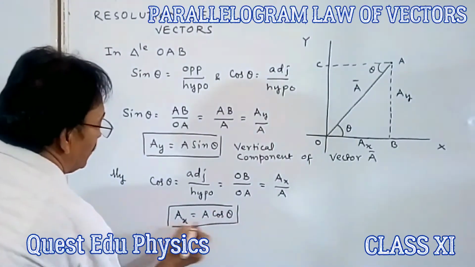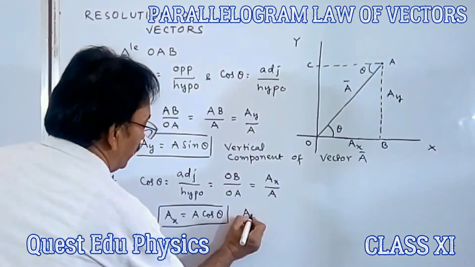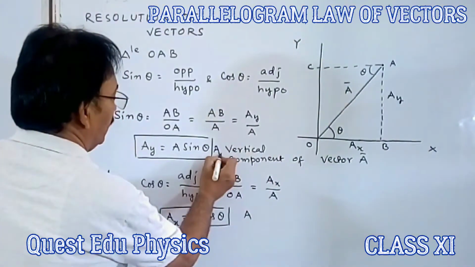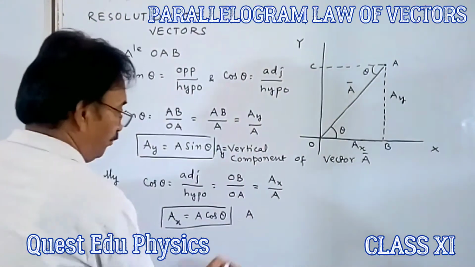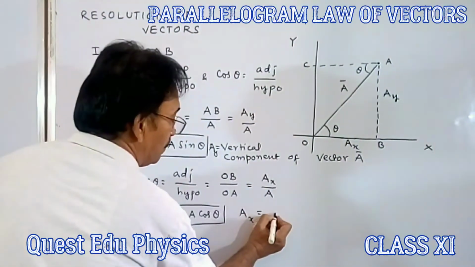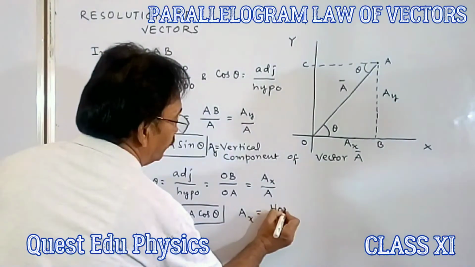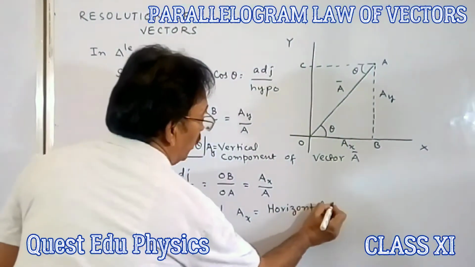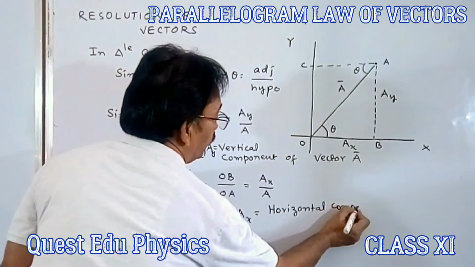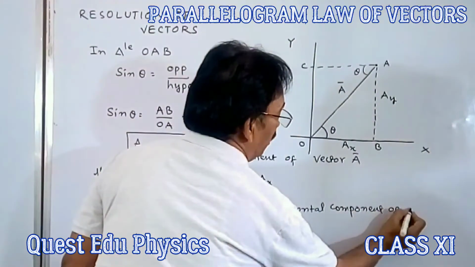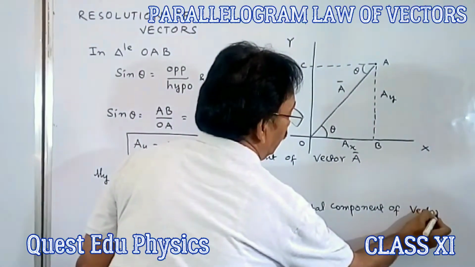Here AY is the vertical component of vector A, whereas AX is the horizontal component of vector A.